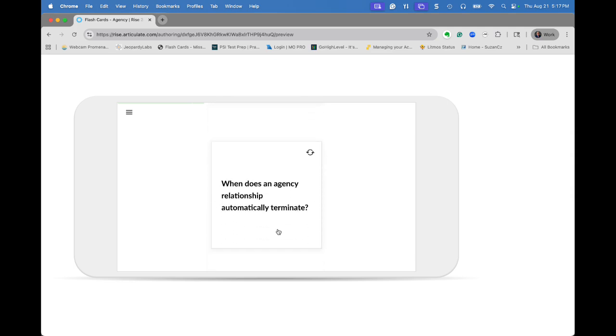When does an agency relationship automatically terminate? On expiration or when the contract is fulfilled? I actually looked at some questions today because I'm trying to go through and read questions a lot. I want to make sure that I'm understanding what I'm teaching, if there's a different angle I need to approach.